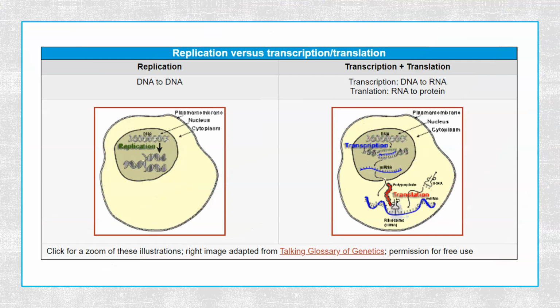Now, in 2.7, we look at DNA replication, which is how one piece of DNA copies into two identical pieces of DNA. And then in the second video that you'll have on 2.7, we look at transcription and translation, which is where DNA is copied to RNA, and then the RNA is used for protein synthesis. So in this video, we're looking at DNA replication.